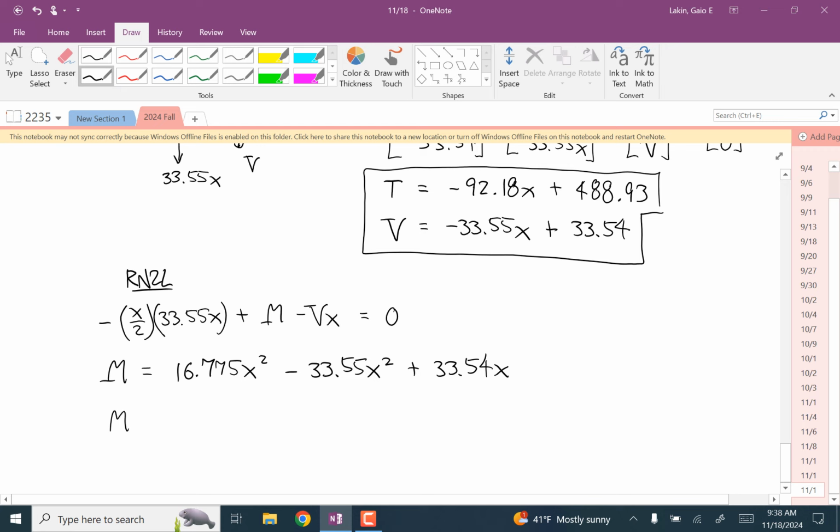And so m is equal to negative 16.775x squared plus 33.54x.